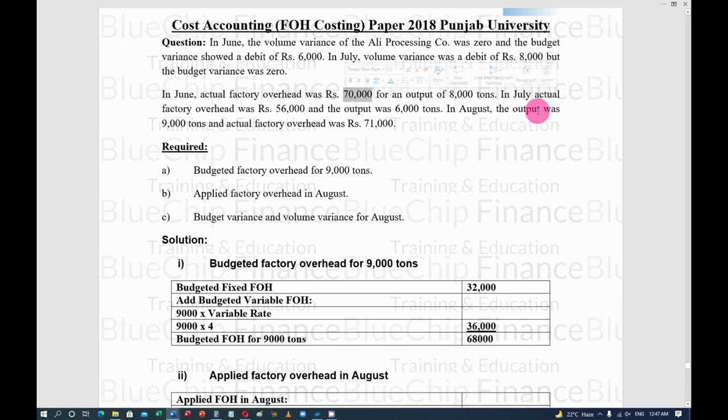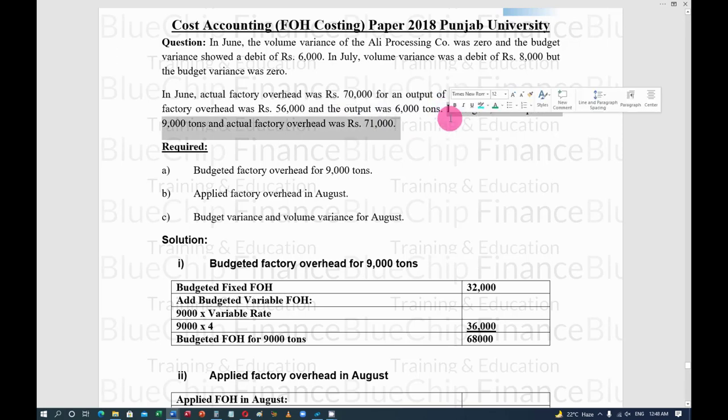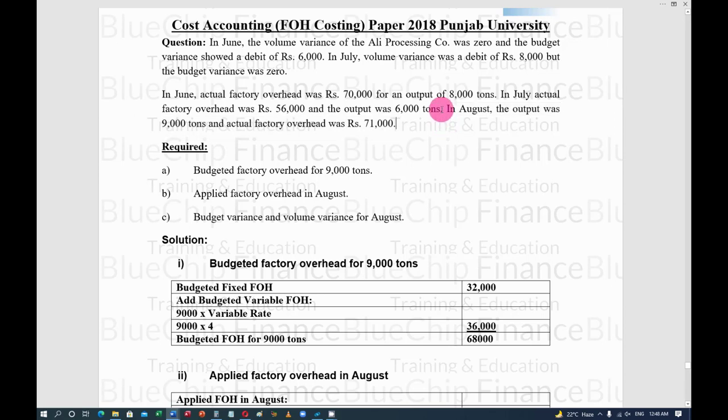In August, the output was 9,000 tons and actual factory overhead was rupees 71,000. So there is also a third level, but we ignore this. Why are we going to ignore this? We only consider both time periods for which the budget variance adjustment is given, for only June and July. So that is why we are only going to take these two levels.